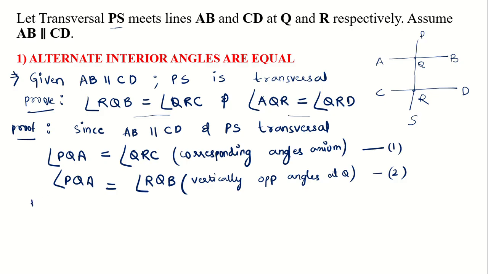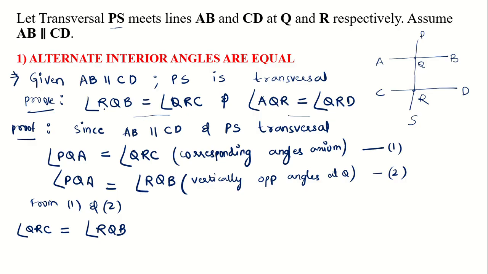Okay, now from 1 and 2 we have two equations, right? Equation 1 and equation 2. So from equation 1 and 2 you will get angle QRC is equal to angle RQB. Okay, so we proved the first pair.